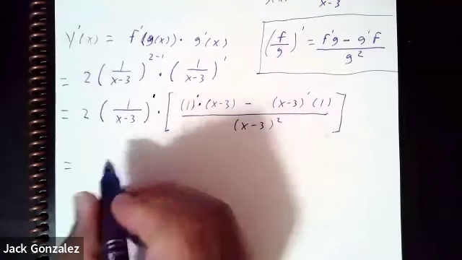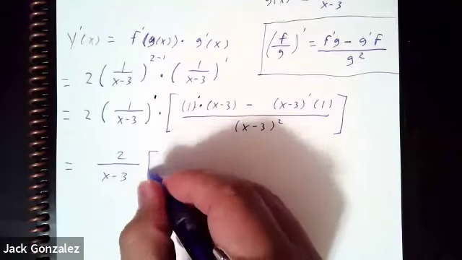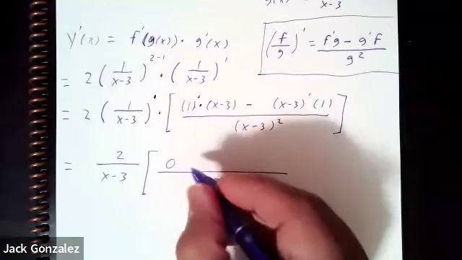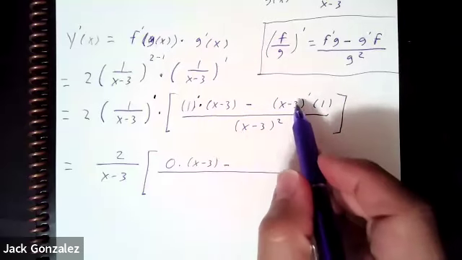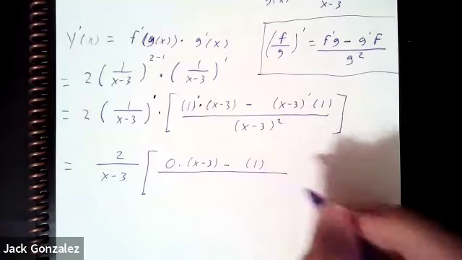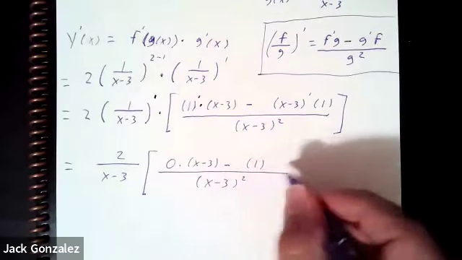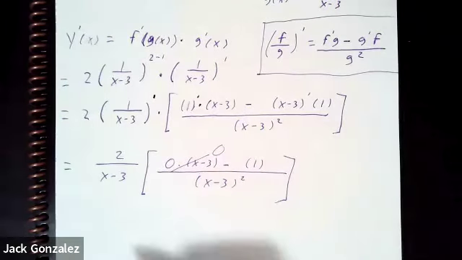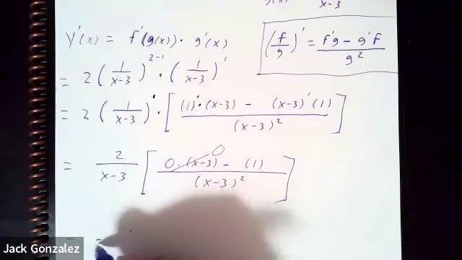So now we have 2 over x minus 3 times this garbage. This will be 0 times x minus 3, minus, this will be a 1, right? So this part's gone. So we'll be left with negative, well, let's show the step.